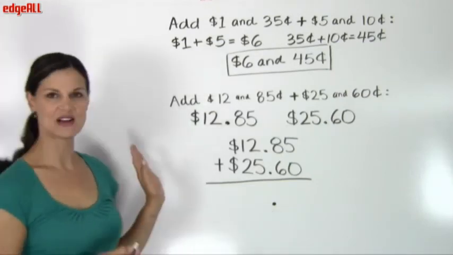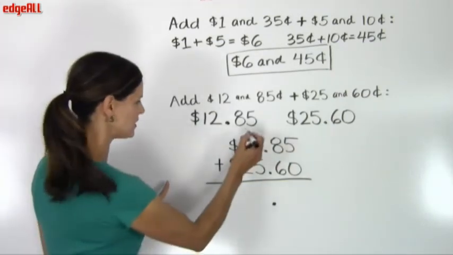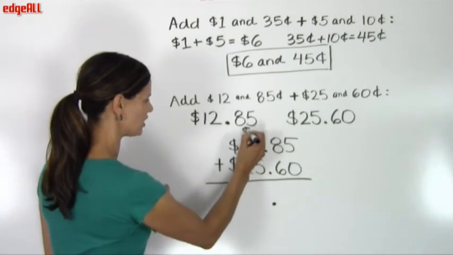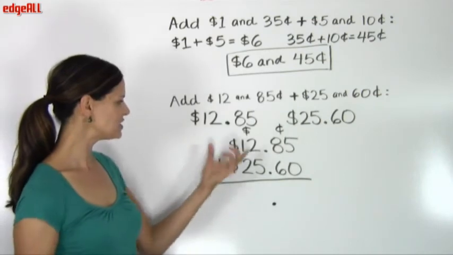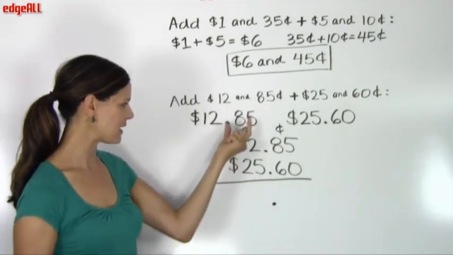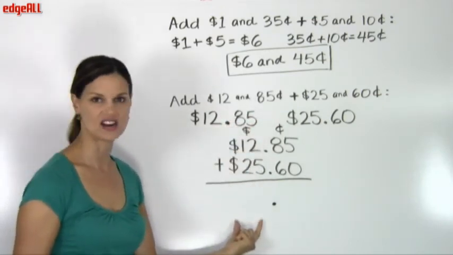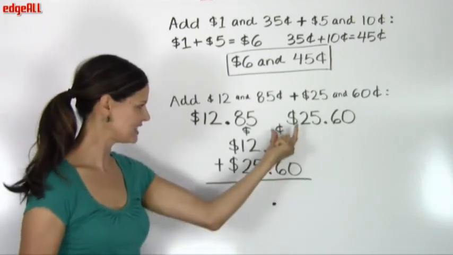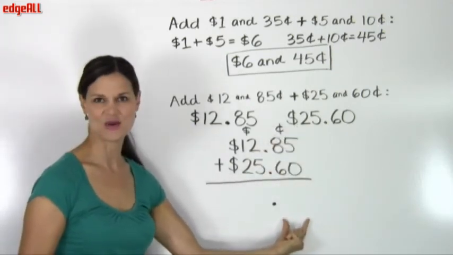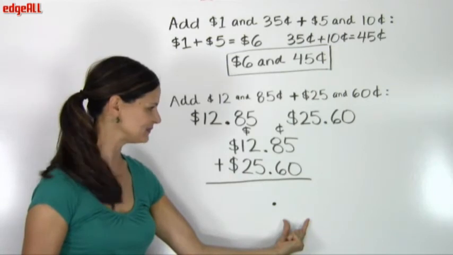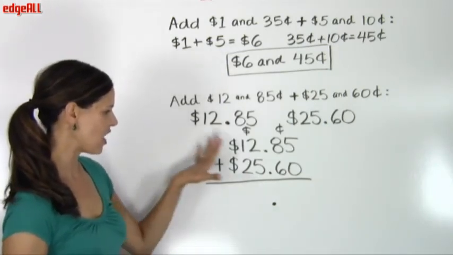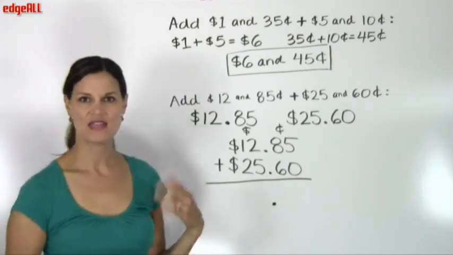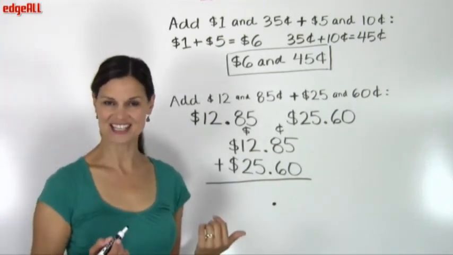Now, just to keep myself organized, I'm going to, over here, place a dollar sign, and over here, place a cent sign. And this just reminds me of what we've already talked about, that this information here is my dollars, and this information here is going to be in cents. And so then all I need to do now is go ahead and perform the operations of addition.